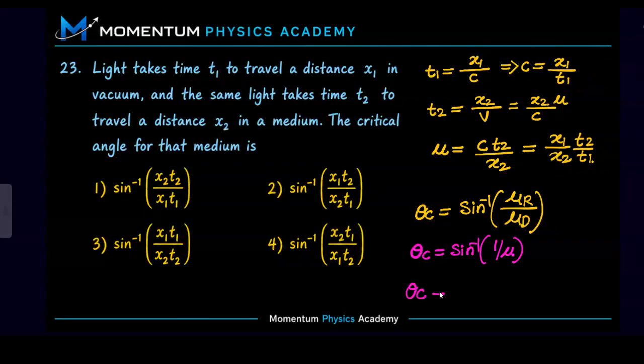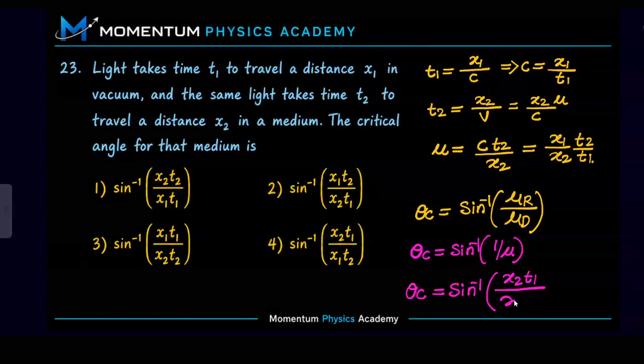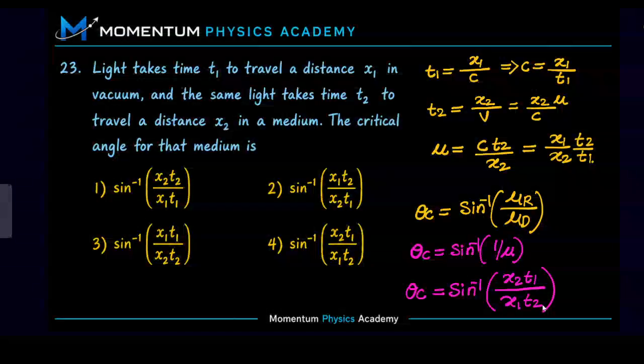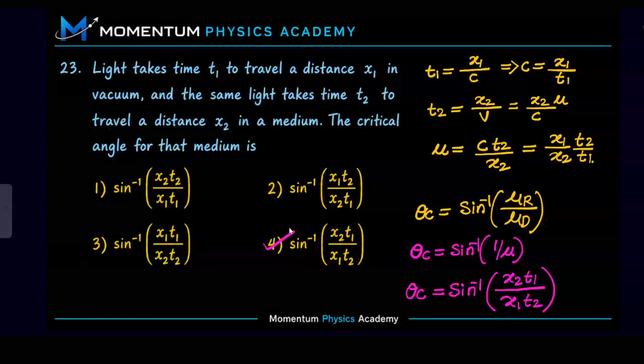That's why theta c comes to be sine inverse of 1 by mu, which means x2 t1 by x1 t2. Okay. Yes, sir, see the options now. Yeah, fourth option.